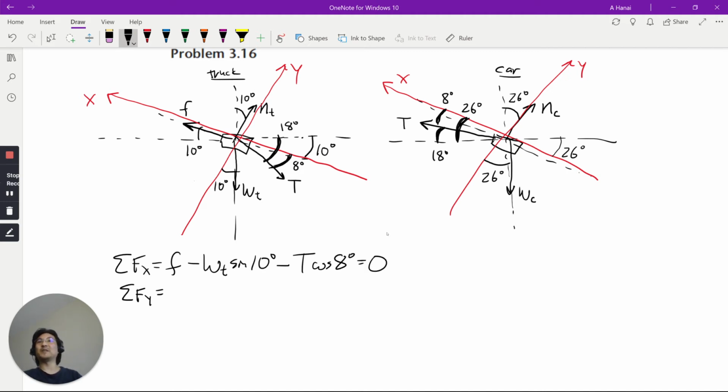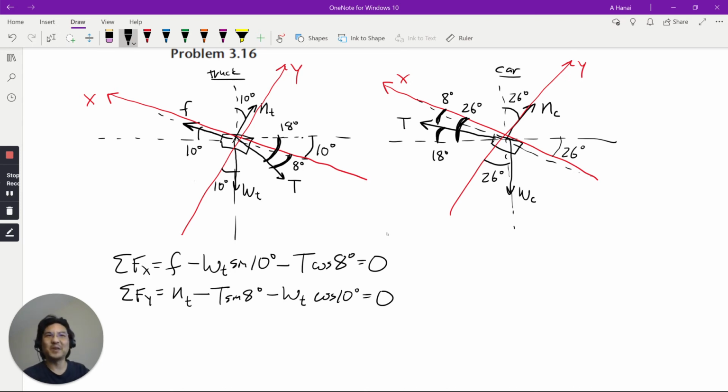Right? In the y direction, this is positive. The y component of this is 0. The y component of this is negative and is opposite this angle, sine. And then the y component of this is negative and is adjacent to this angle. Zero. Okay.